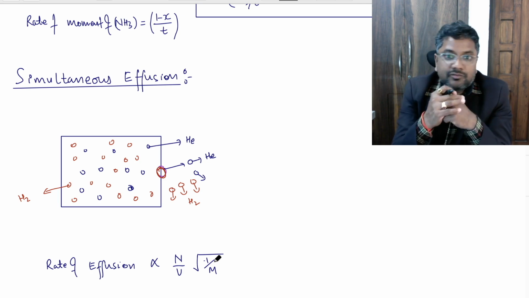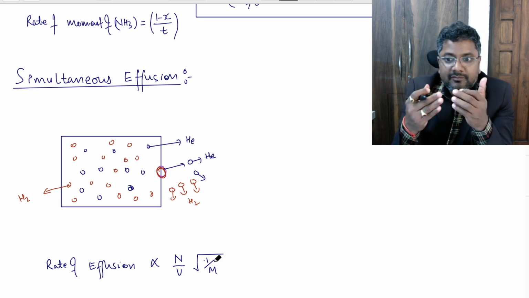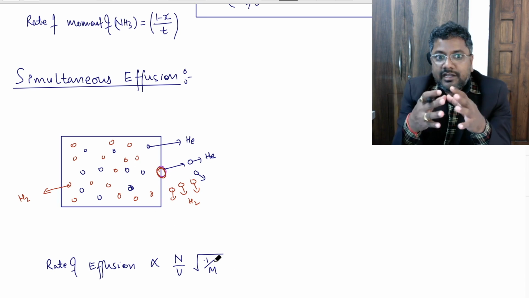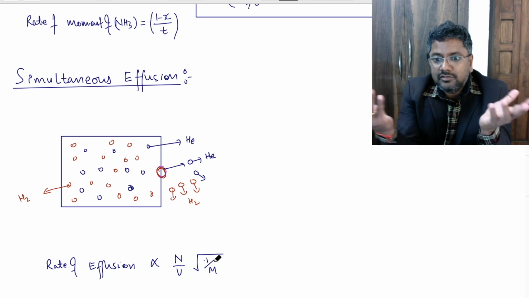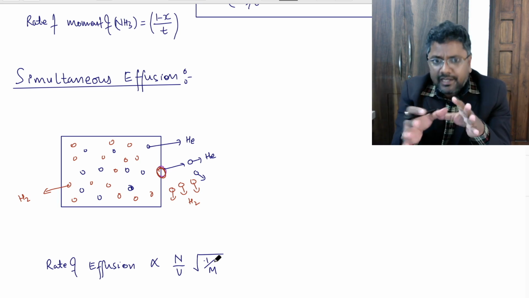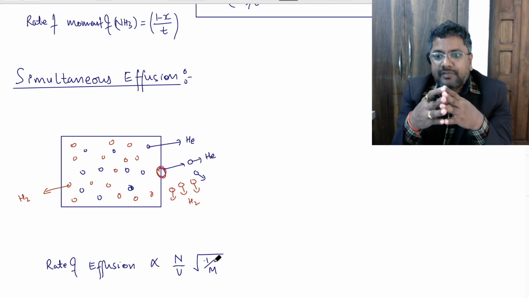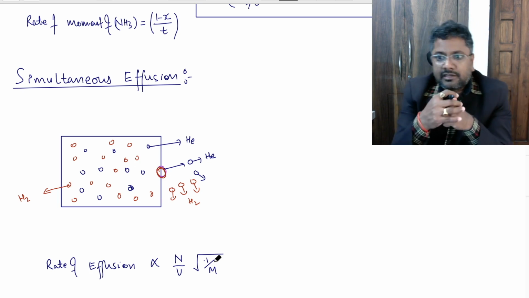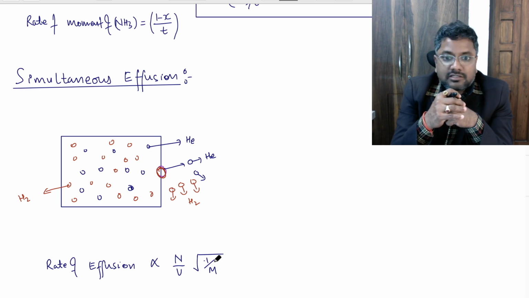Number density also matters. Suppose helium has molar mass 4 and hydrogen has molar mass 2. In every composition of hydrogen and helium, you cannot say that hydrogen molecules will come out more. Lighter molecules have a higher collision frequency, they collide at a faster rate, but that is not the only factor.